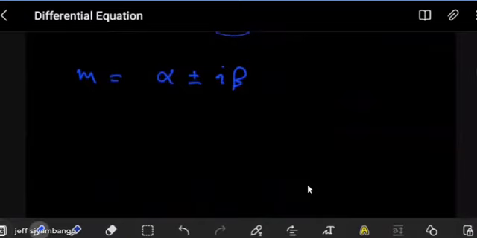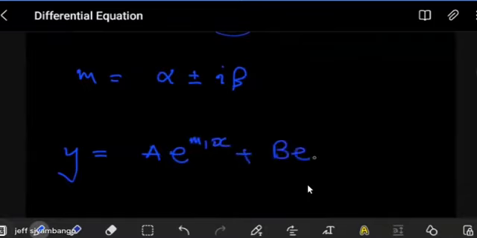Well, you can now try to work with this general solution where we had y is equal to a e to the power m1 x plus b e to the power m2 x.